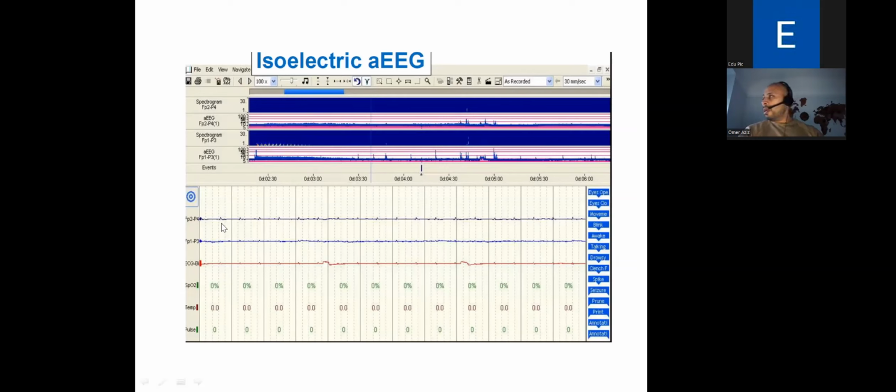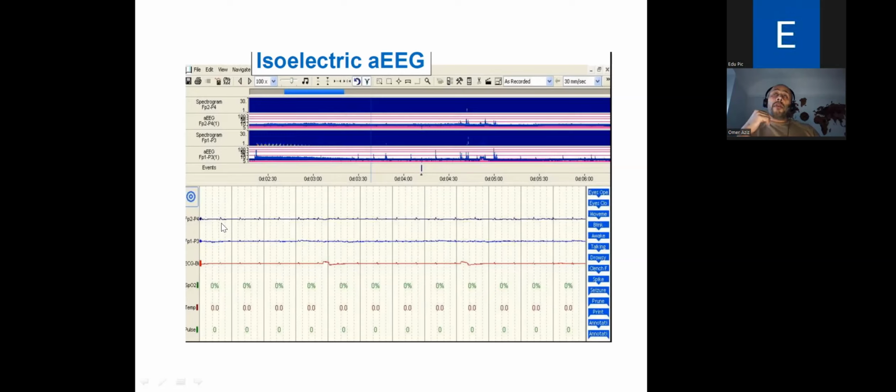This can happen in a number of different situations. You could be on so much sedation that you're causing an isoelectric EEG, so you might want to consider coming back on your sedation. Someone mentioned brain death. That's another particular interest of mine, but that's a whole different talk, so I don't necessarily want to go into that too much.